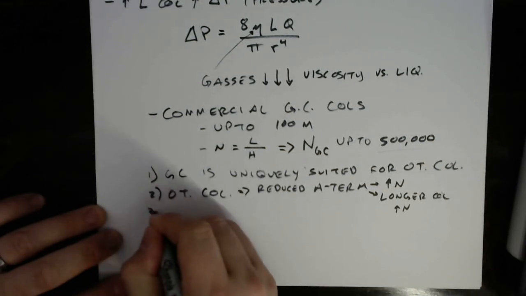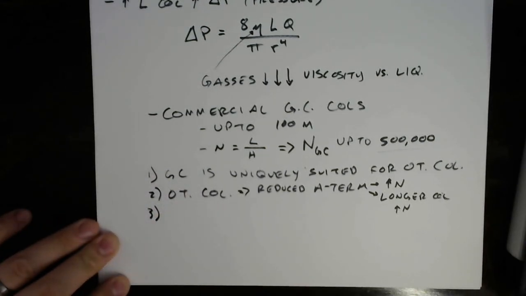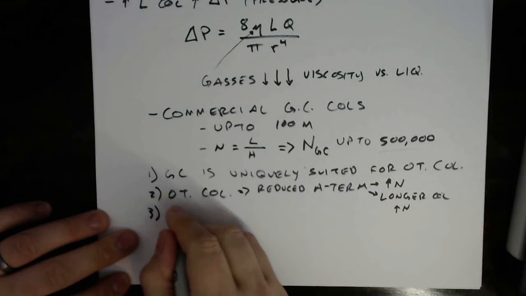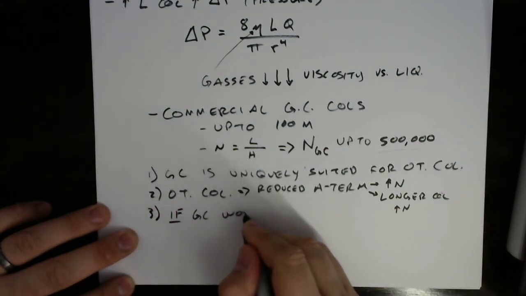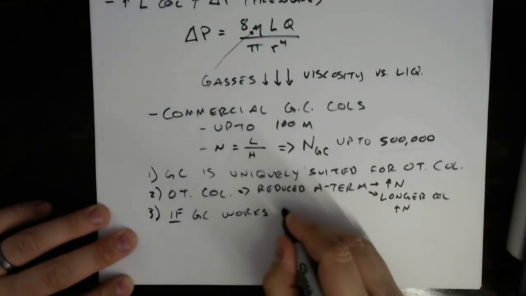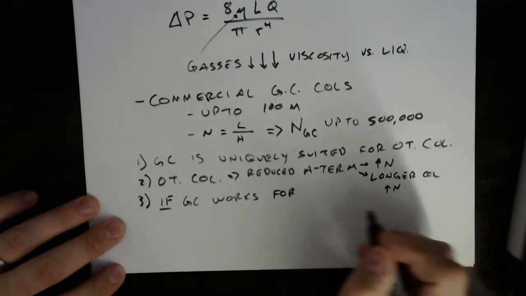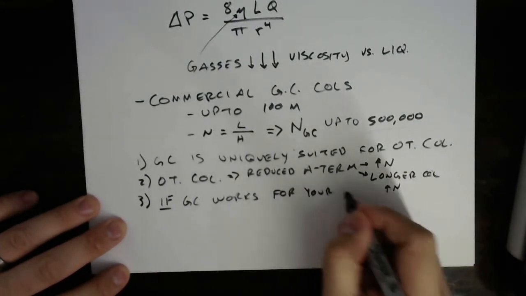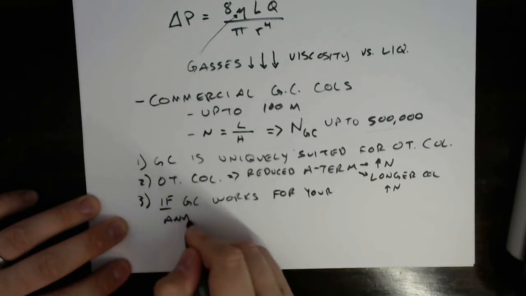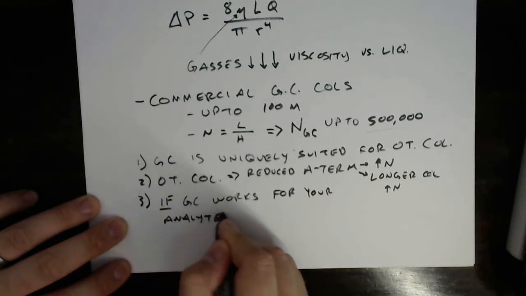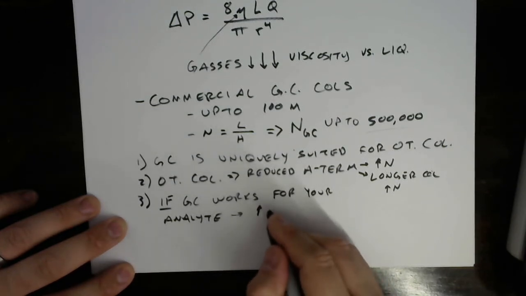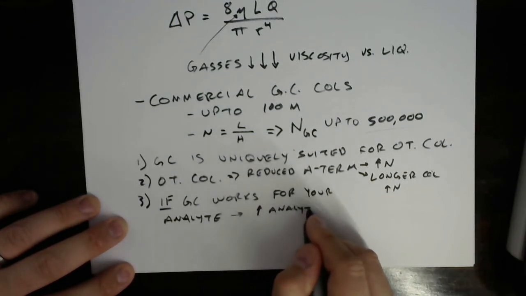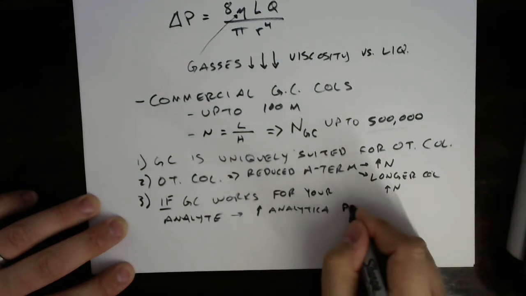And then here's the last one, and this is going to frame a lot of what we talk about. If GC works for your specific analyte, you're going to get increased analytical performance.